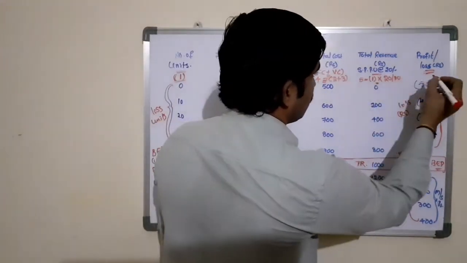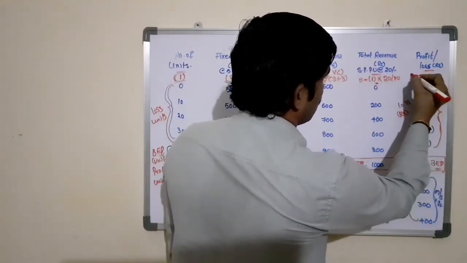And the last column is profit or the loss. This is the sixth column.